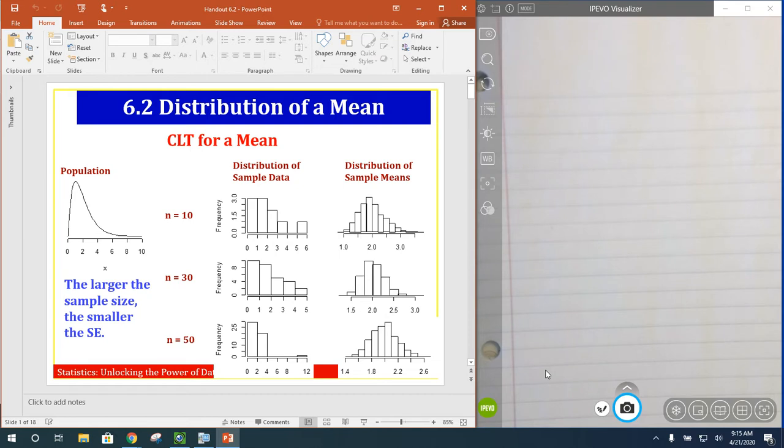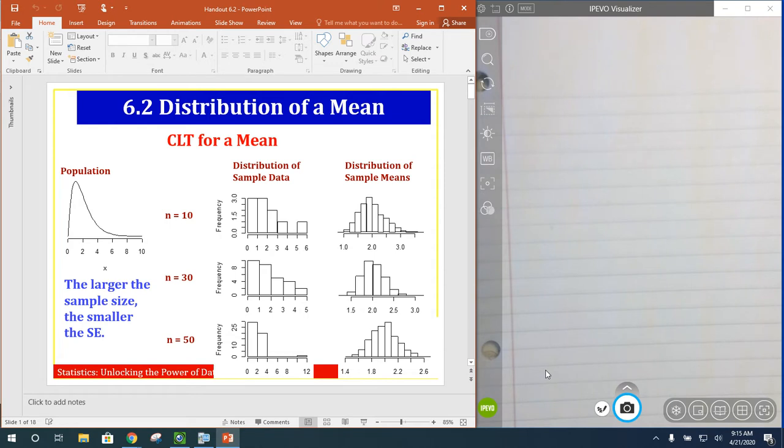In other words, the larger the sample size gets, as we've seen in the past, the smaller the standard error, the less spread we will have from the center of the data. And we see that clearly. As n is 10, we are somewhere between a 1 and a 3.2.